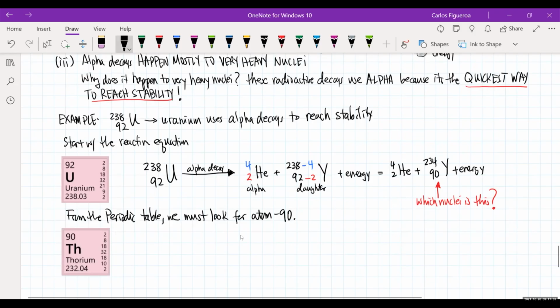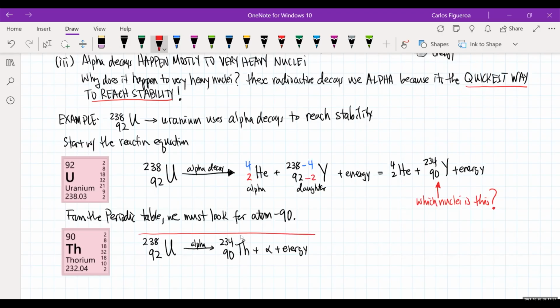It really says that I have 238.92 uranium. Again, then I have my alpha decay, and I'm going to get 234.90 thorium plus my alpha plus my energy. So this is what the decay tells me here.